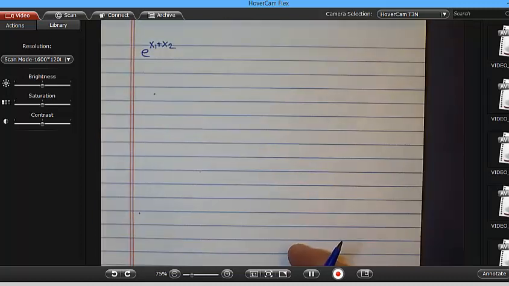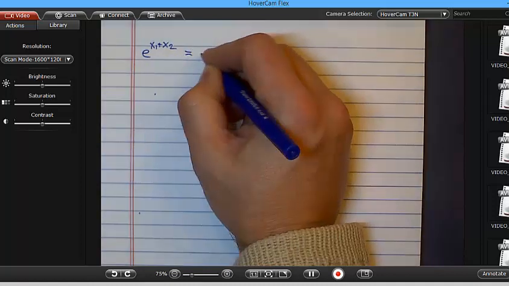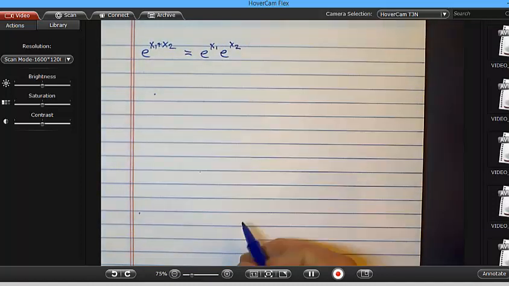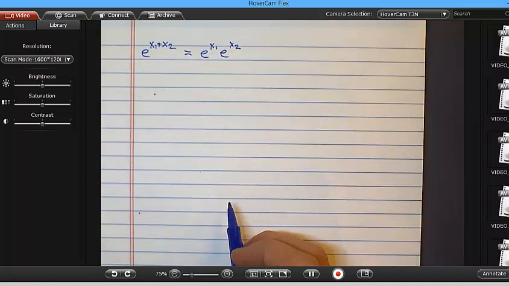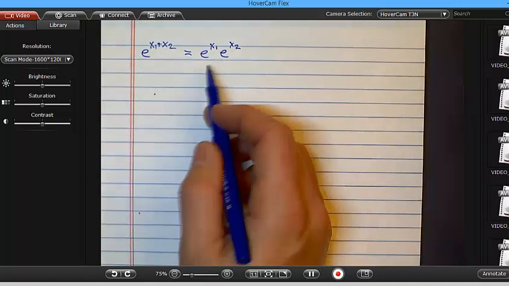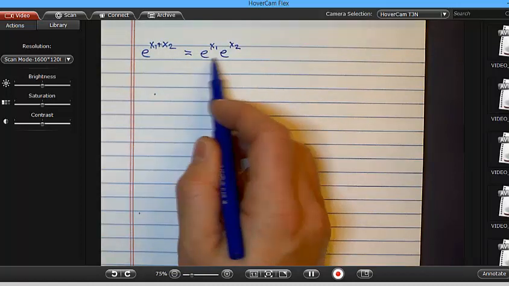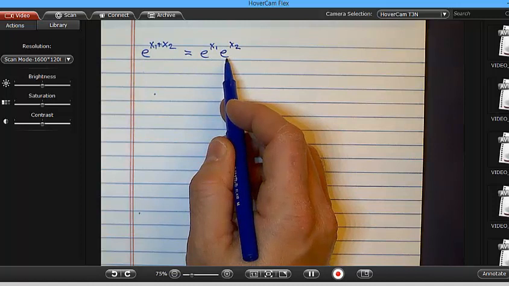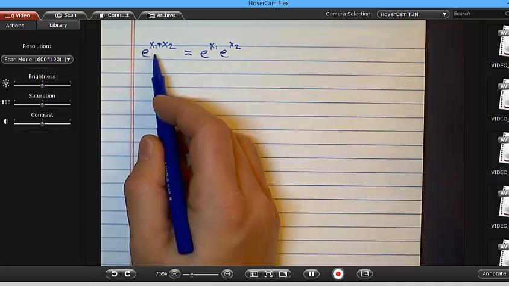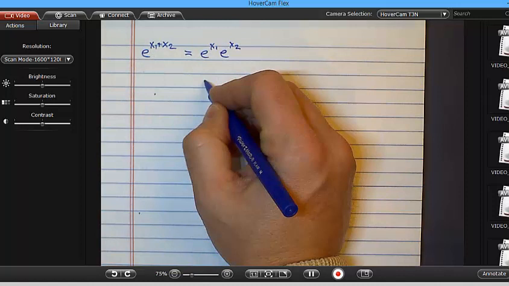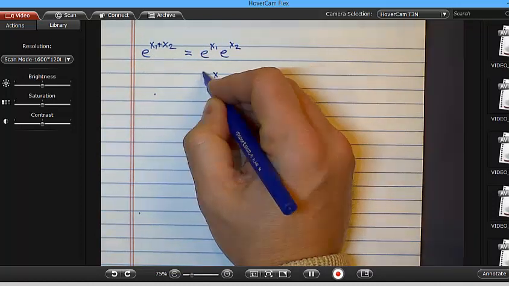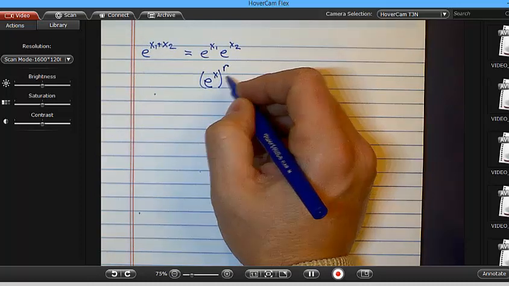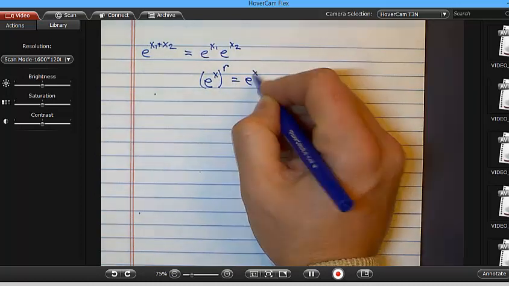And what they just worked out is that that's the same as e to the x1 times e to the x2. It's funny, though. I usually write it the other way. I usually write, hey, if you multiply two things, what do you do with the exponents? There they are. These are your old rules about exponents. Or what if you have e to the x to the r? Yeah, you multiply those exponents.